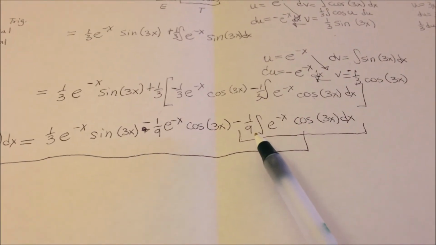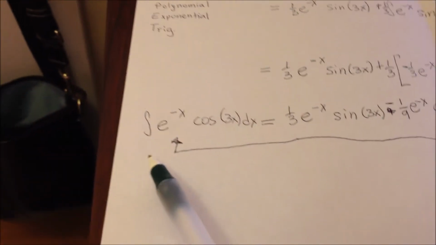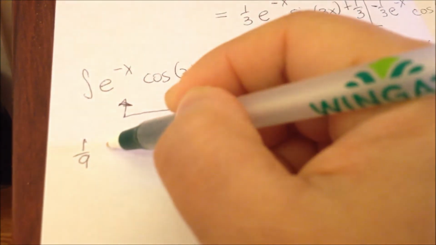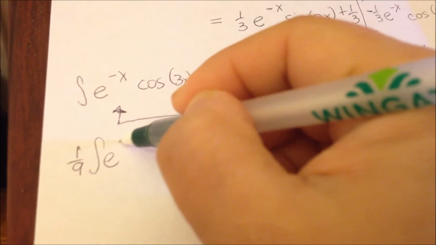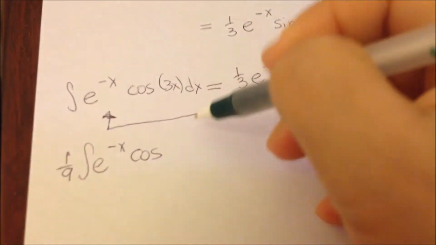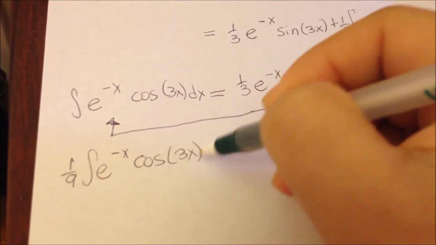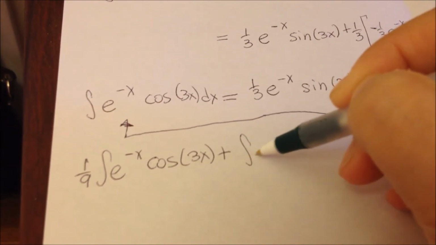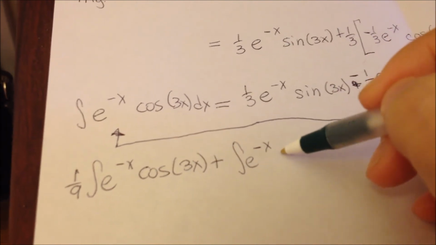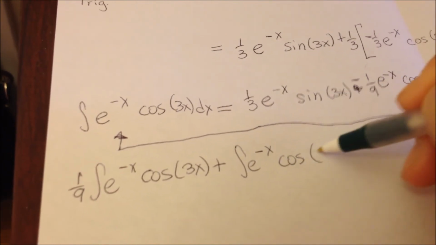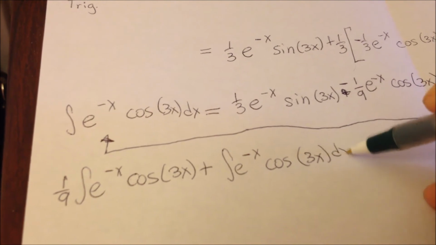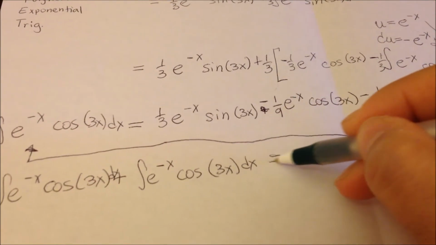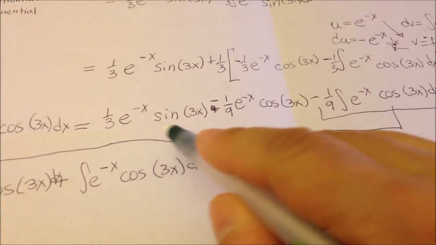So since this is negative 1/9, we're going to add 1/9 on this side. So then it becomes 1/9 integration e to the negative x cosine 3x plus the original problem, which is this part right here, the integration of e to the negative x cosine 3x dx, I forgot dx on this one too, is equal to whatever was left over right here.